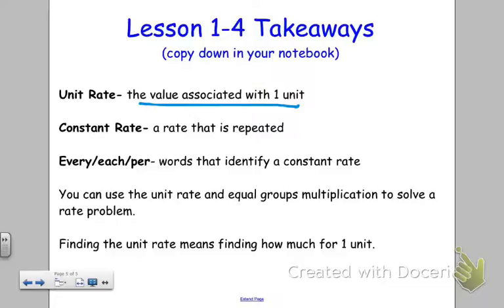And you can use the unit rate and equal groups multiplication to solve a rate problem, which, if you remember, is the unit times the unit rate. And finding the unit rate means finding how much for 1 unit. How many dollars per day? How many pounds per bag? You need to know how much for 1.